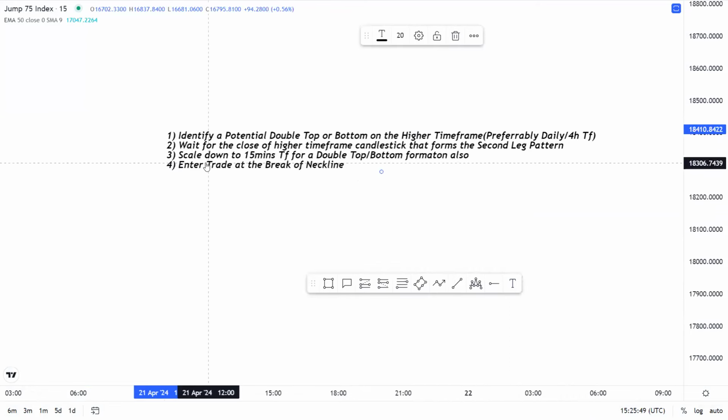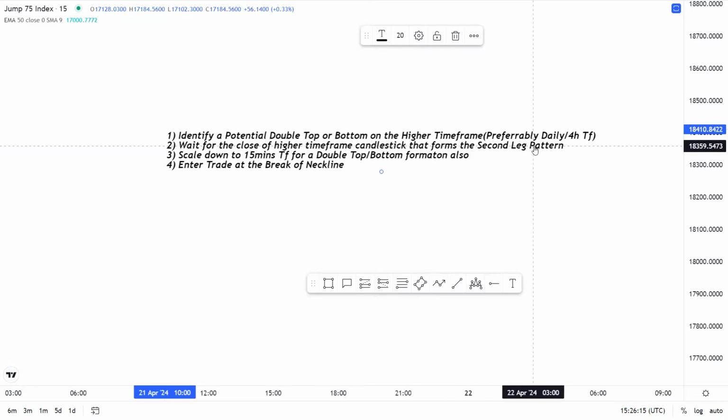So the strategy entails, firstly, you identify a potential double top or bottom pattern, preferably on the daily or the hourly time frame, on the higher time frame. And then once you must have done that, the next thing you want to do is wait for the close of the higher time frame candlestick that forms the second leg of the pattern.